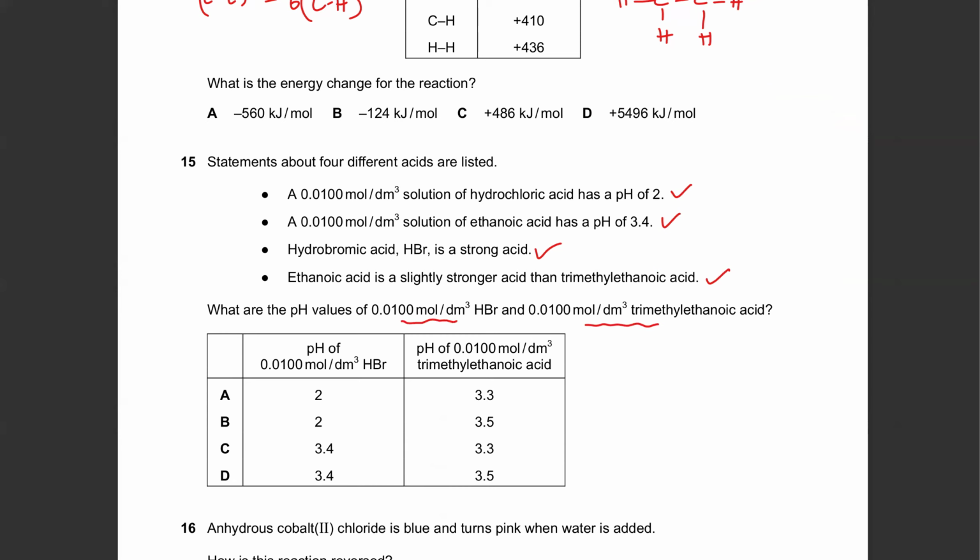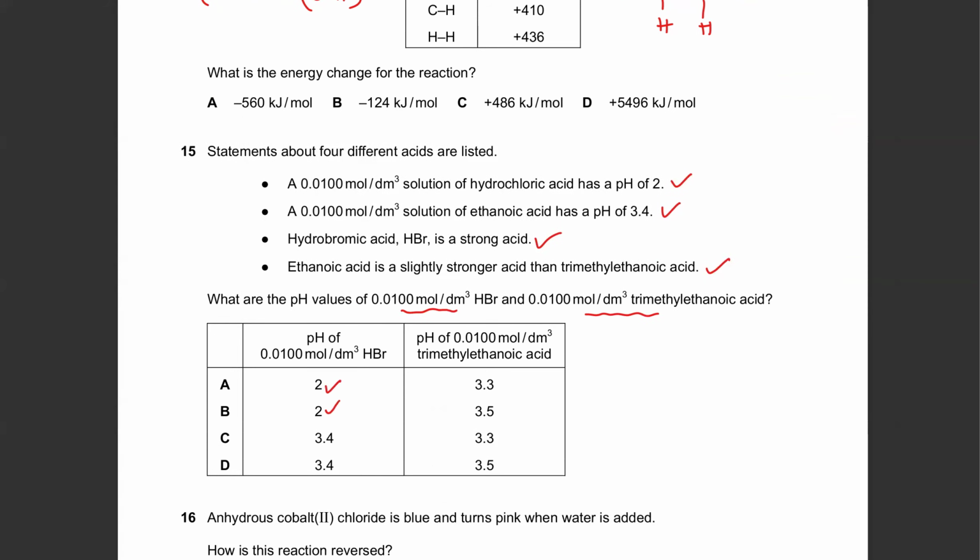So for HBr, I think it's going to be low, maybe 2, because it has hydrogen. And then for trimethyl ethanoic acid, it's going to be higher. So 3.5.